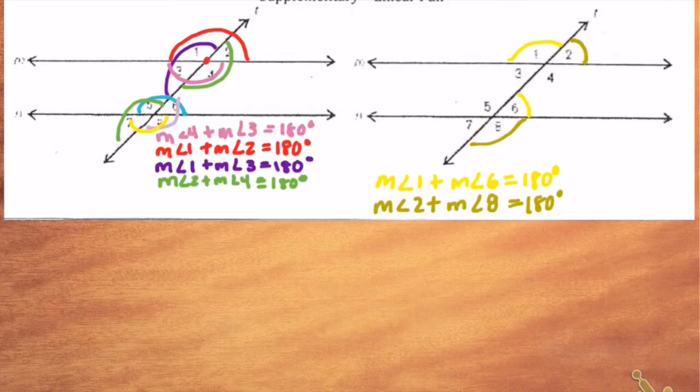So find another pair of supplementary but not adjacent angles. Okay, you could say 3 and 5. So I could say the measure of angle 3 plus the measure of angle 5 is equal to 180 degrees. And there are other pairs that we could name as well.